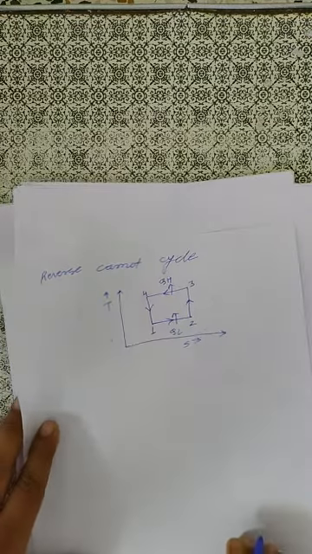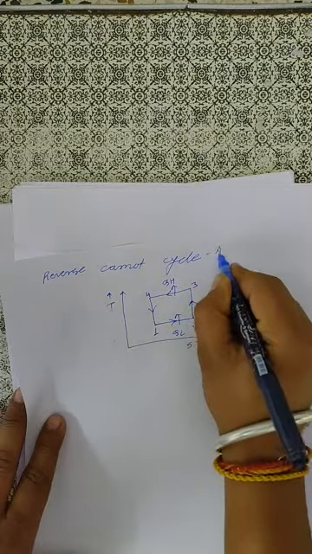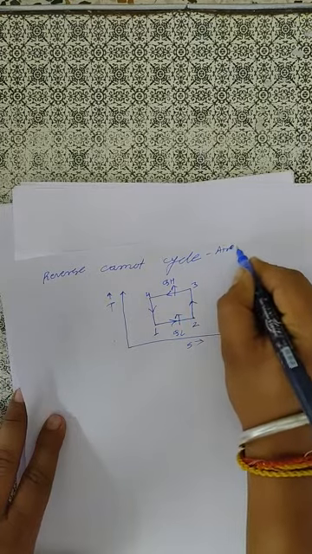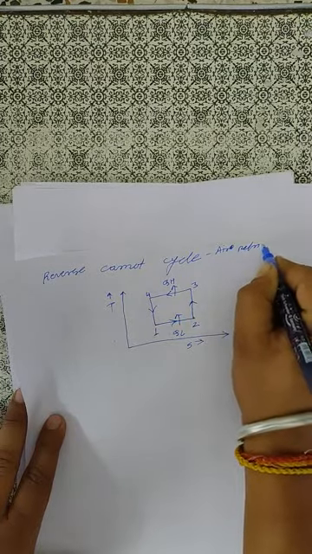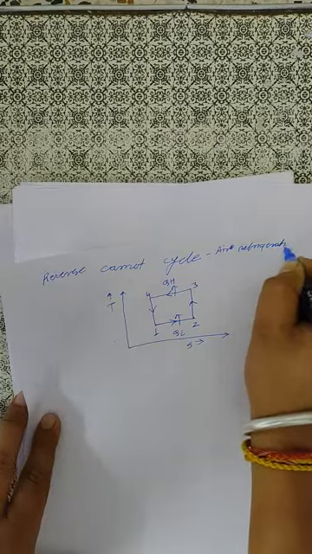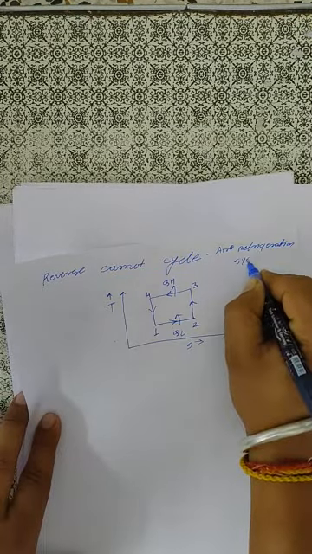This is the TS diagram. Okay, this is nothing but the air refrigeration system. In detail we will see this in the next lecture, air refrigeration system.